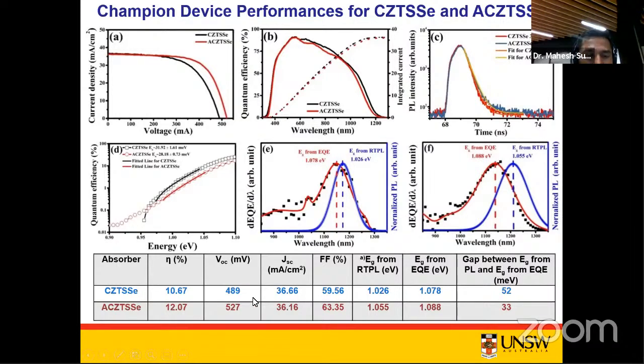So it can be seen that this Ag substitution drastically improved the VOC from 489 millivolt to 572 millivolt, as well as the fill factor from around 60 to around 63.35%. This improved fill factor, we believe, is the result of the reduced series resistance, of course not shown here, whereas the improved VOC suggests reduced recombination in the space charge region.